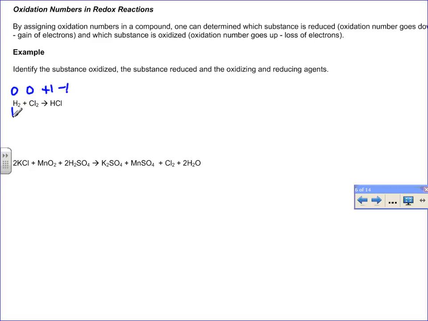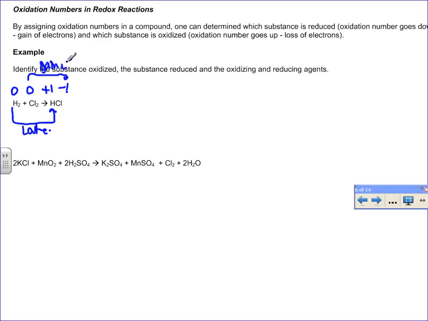As we can see here, the hydrogen has gone from 0 to +1, while the chlorine has gone from 0 to -1. So the hydrogen in this case has lost an electron, and the chlorine in this case has gained an electron.